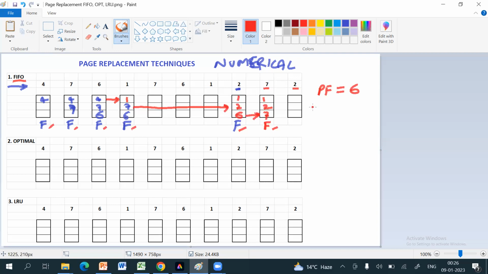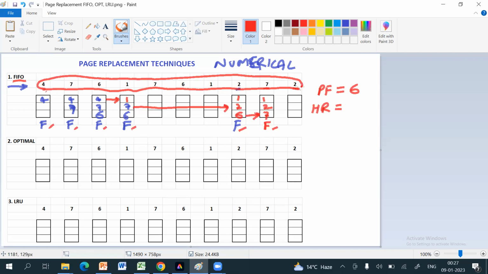Now if you are trying to calculate the hit ratio, there are in total 10 pages in the reference string, and page faults are 6. So that would be 10 minus 6, which is 4. 4 out of 10, which is 40%. The hit ratio is 40% using the FIFO technique.